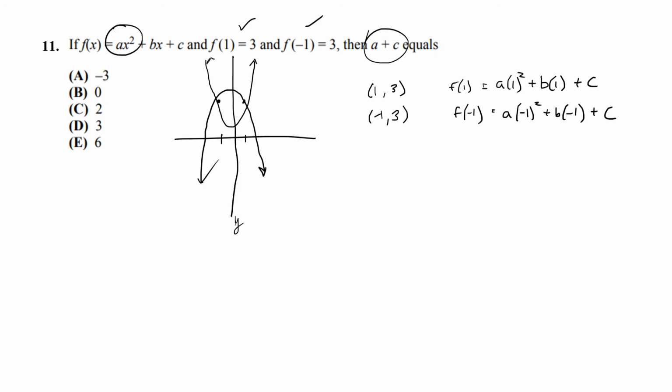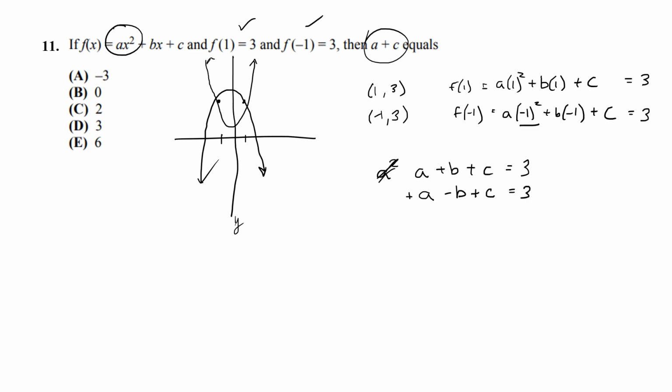And now it's asking us, what is a plus c? Okay, so this is pretty trivial at this point. We know this is equal to 3. We know that this is equal to 3, right? So let's rewrite here. We have a plus b plus c equals 3. And now we have negative 1 squared, that's positive a, minus b plus c equals also 3, okay?